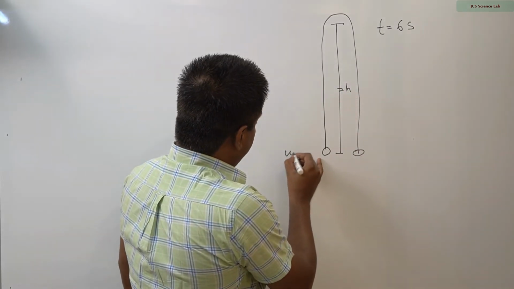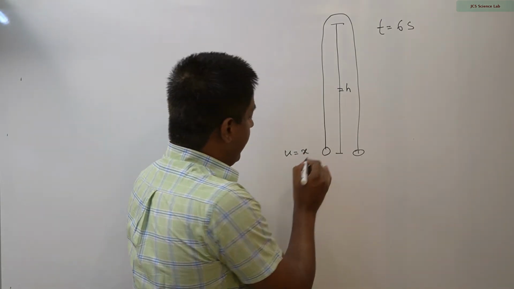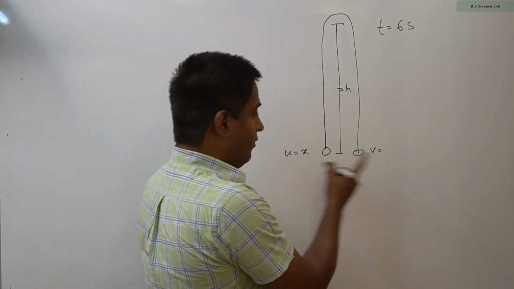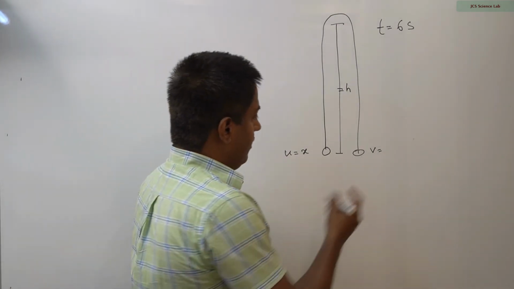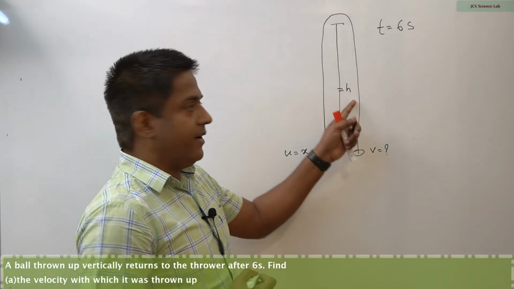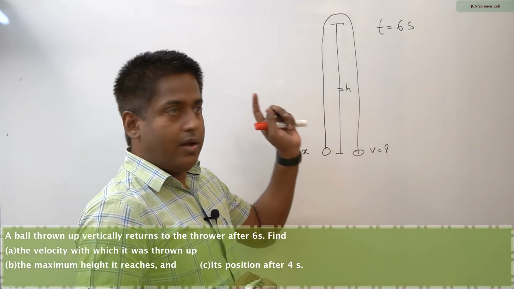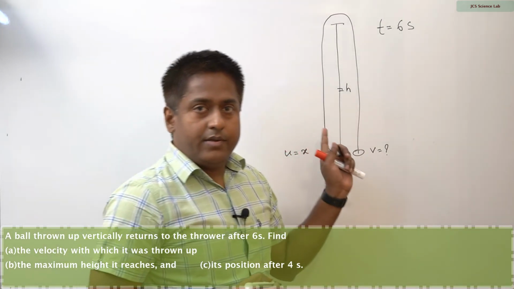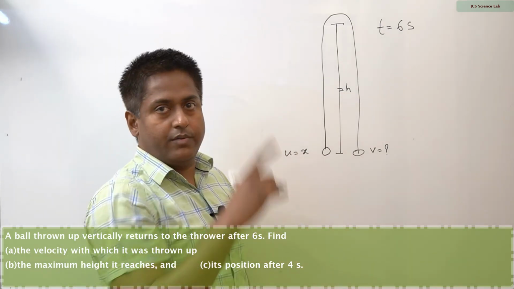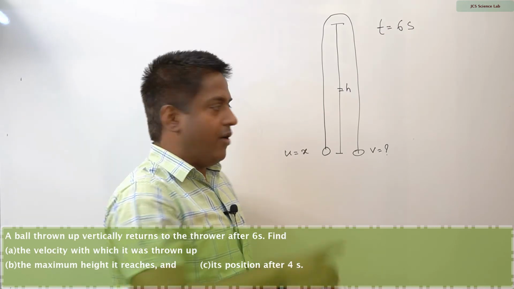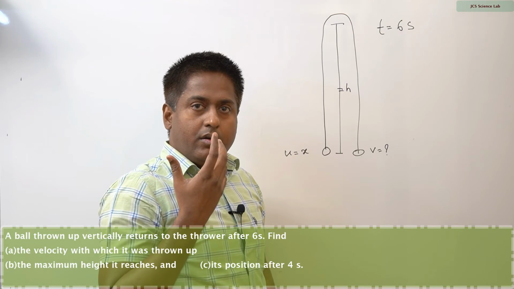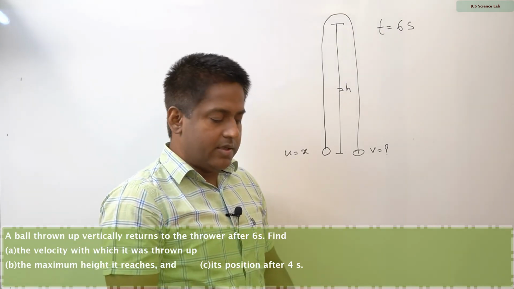Here, initial velocity would be, let's say, u, and final velocity we need to find out. Height we don't know. So the first question is, calculate the initial velocity, meaning the velocity with which it was thrown. Understood the question? An object is thrown vertically upward and comes back to the thrower. This is the situation.